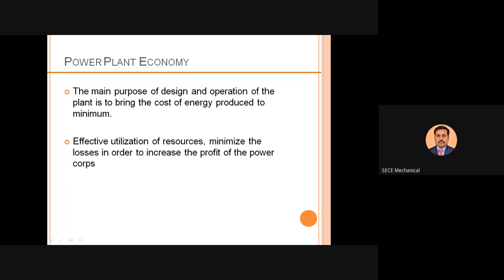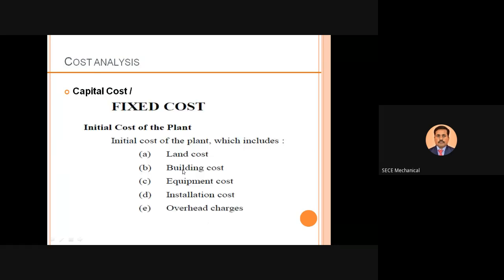First we discussed capital cost. Please see the slide and tell me. Abhinesh, is it audible to you? Yes, sir. What are the different types of capital cost, that is fixed cost in a power plant? Please see the slide and tell me. Is the slide viewable or not?